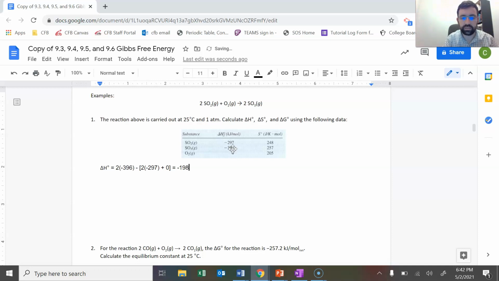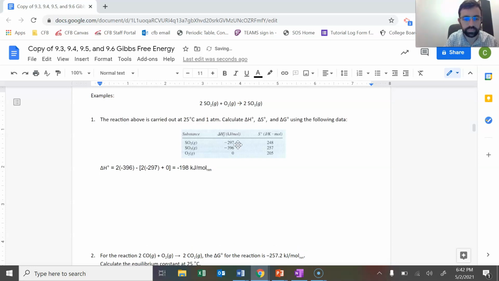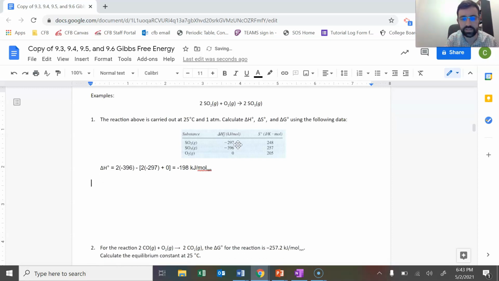And that is enthalpy in kilojoules per mole. So that's kilojoules per mole of reaction. Okay. That's delta H.